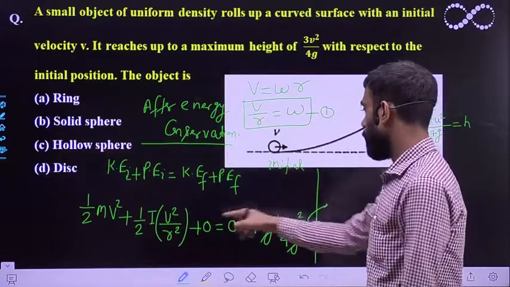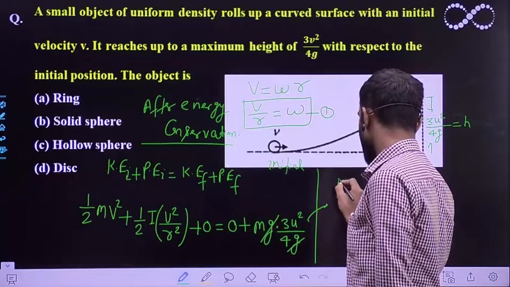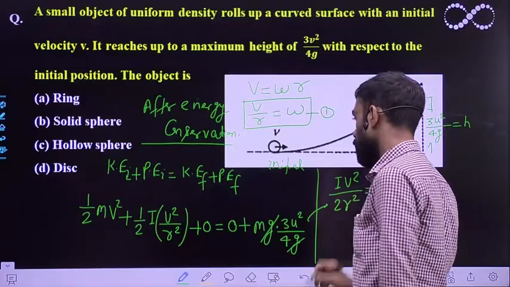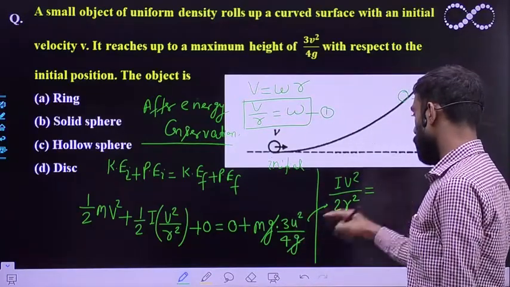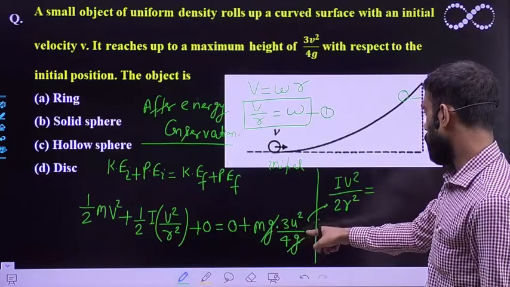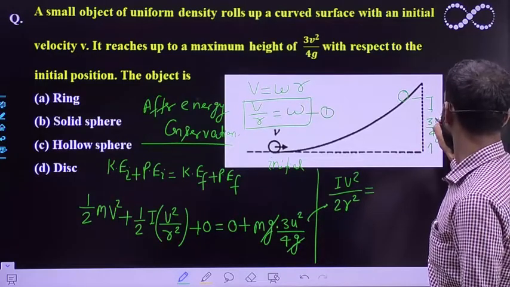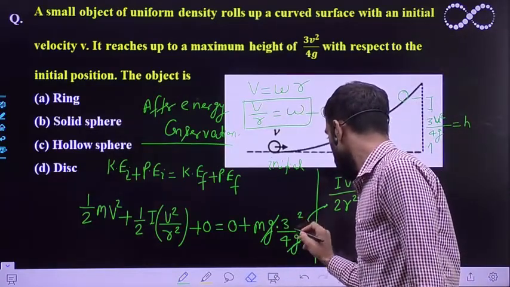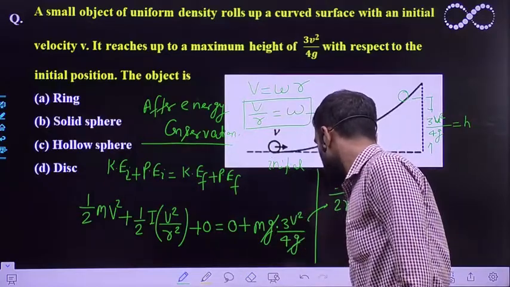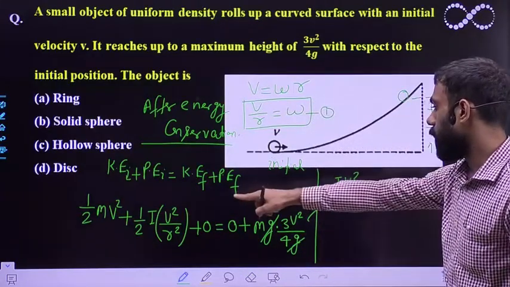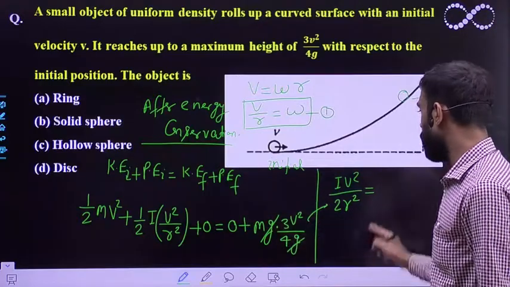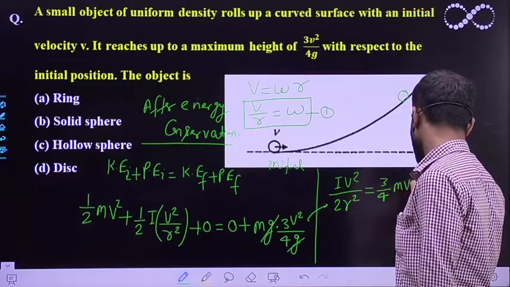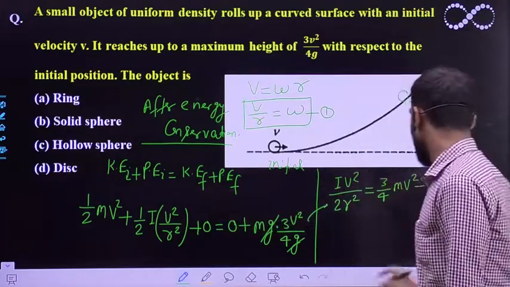So on this side you will get I v square upon 2r square is equal to, if you take this side, this is your 3v square upon g, my mistake. So g is getting cancelled out, and this will become 3 upon 4 m v square minus m v square upon 2.